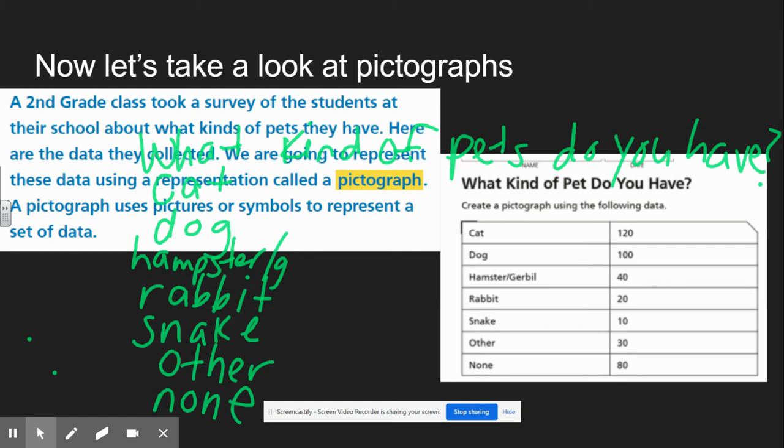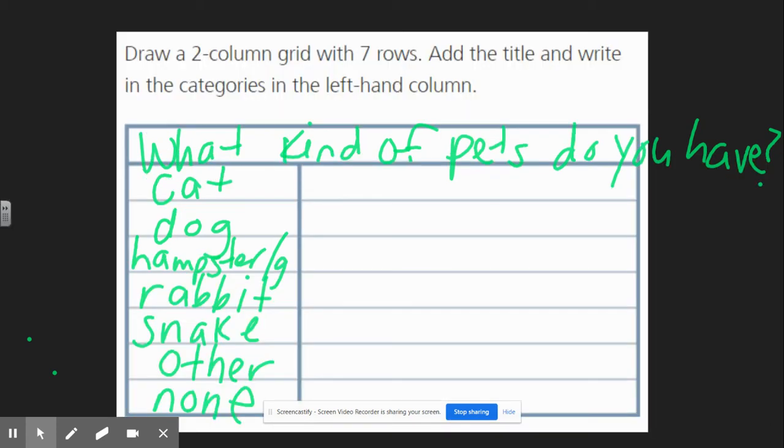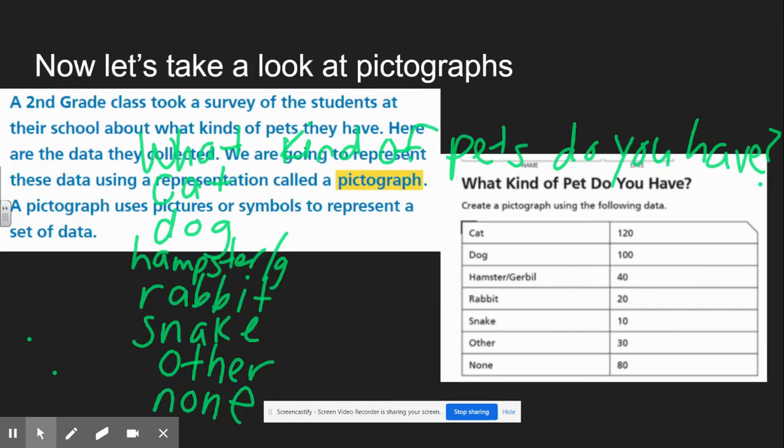I wonder how we can do this. Since we have some really big numbers here, I know that I cannot be doing tally marks of 100 for each question. So I'm going to decide that I want to go by tens, okay?